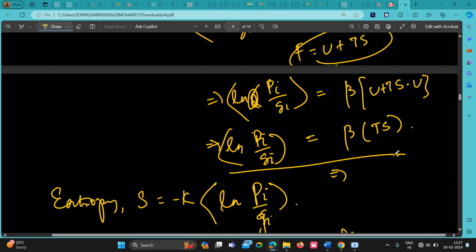And from here you can keep S on this side and everything to the other side, 1 by beta T, ln Pi by Gi, and that is actually k. Beta is 1 by k T, but it's okay.